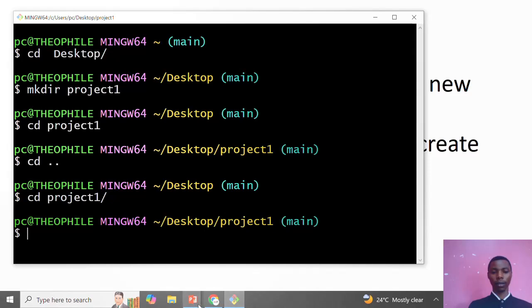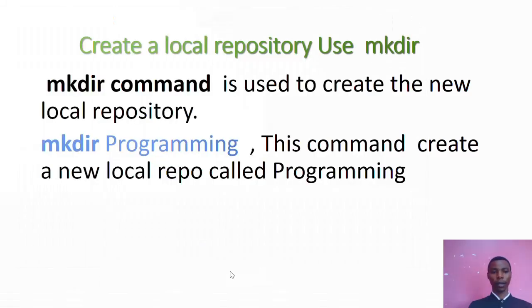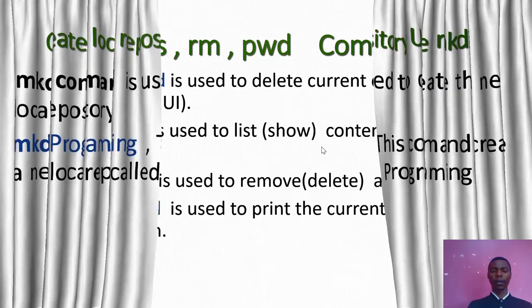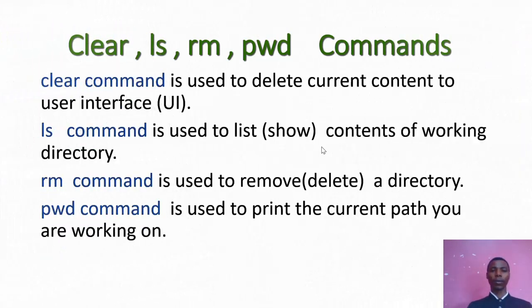So let's continue. mkdir, we have seen it. It is used to create a new local repository. Okay, clear, ls, rm, pwd. We are going to practice these. Clear is used to delete the current content in the user interface.